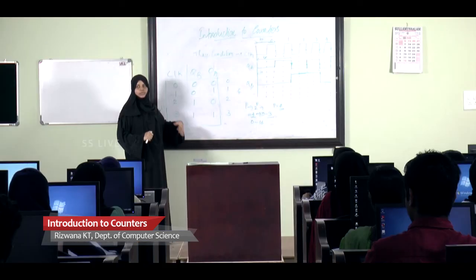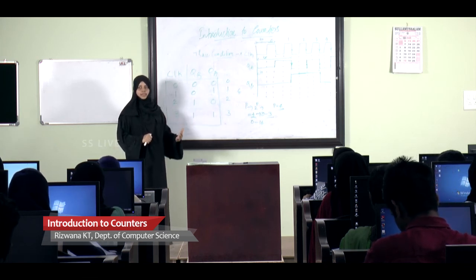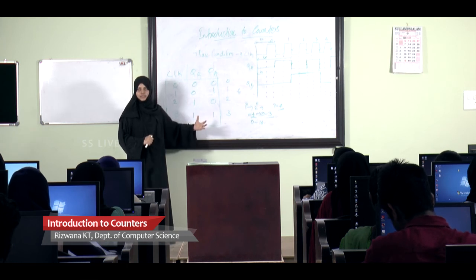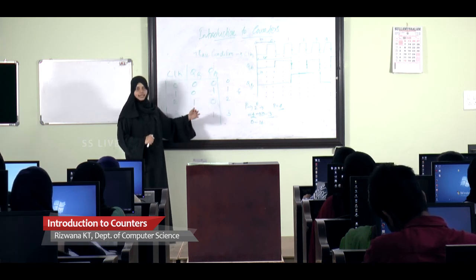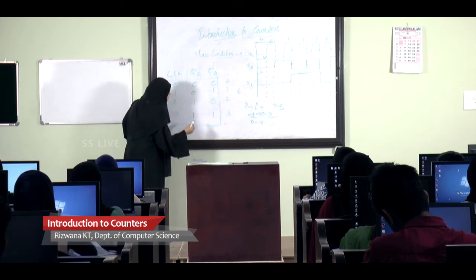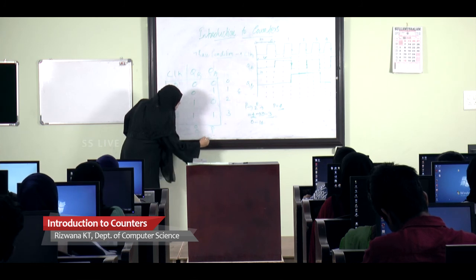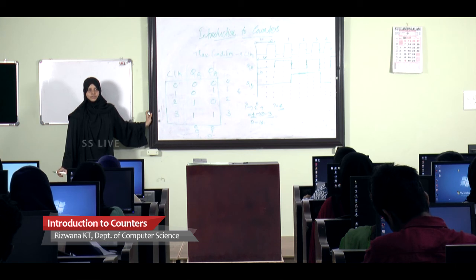And if we continue executing, giving more clock pulses, it again completes one cycle and begins from 0. Again it starts from 00, 01, 10, 11, because we are considering only 2 flip-flops here.